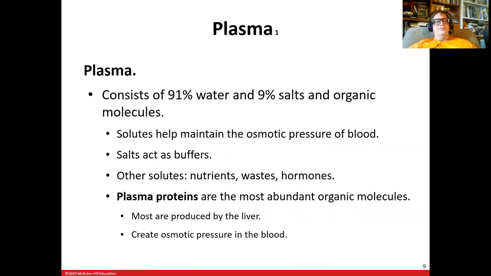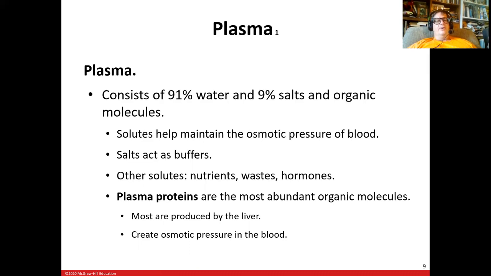So that blood plasma we just mentioned, it's 91% water, 9% salts and organic molecules. A lot of those organic molecules we're talking about are proteins, and the biggest one in that list of proteins we've already mentioned, it's albumin. All right, so you remember that solutions have a solvent, that's what we dissolve things in, and solutes, the things we're dissolving. Here, the book says solutes help maintain osmotic pressure of blood.